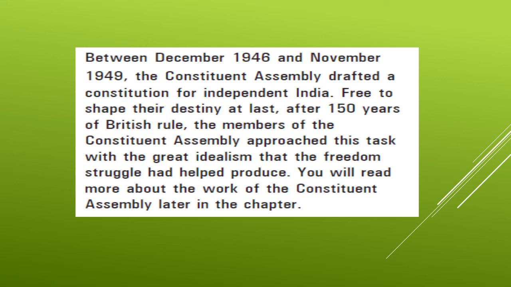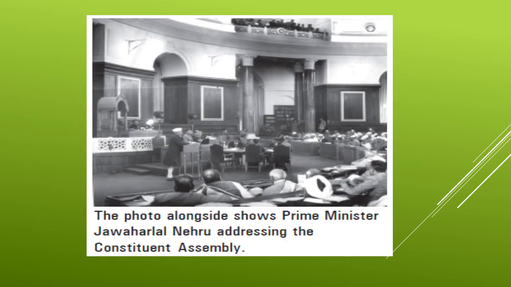After 150 years of British rule, the Constituent Assembly drafted the fruit of the freedom struggle, the Constitution of India, with great idealism. In this photo, you can see Prime Minister Jawaharlal Nehru addressing the Constituent Assembly. You can also see many members of the Constituent Assembly who helped in drafting the Constitution of India.